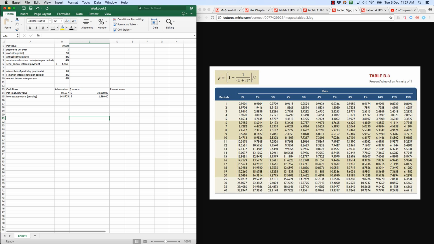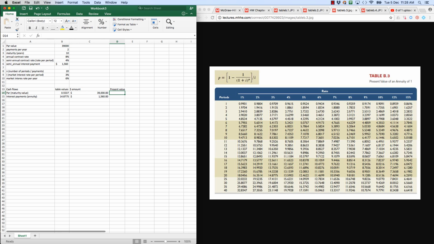Right? So you would be withdrawing $20 for each dollar that you deposited, but you would be able to withdraw $20 over 20 periods when the interest rate is 3% if you deposited $14 and roughly 88 cents today.